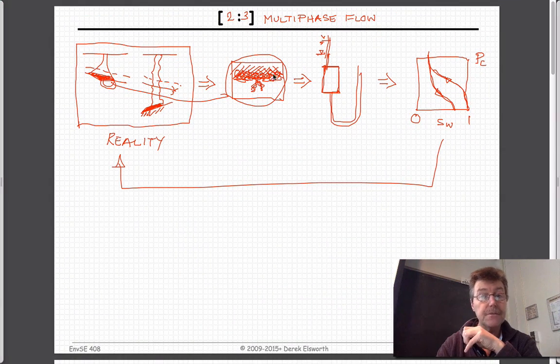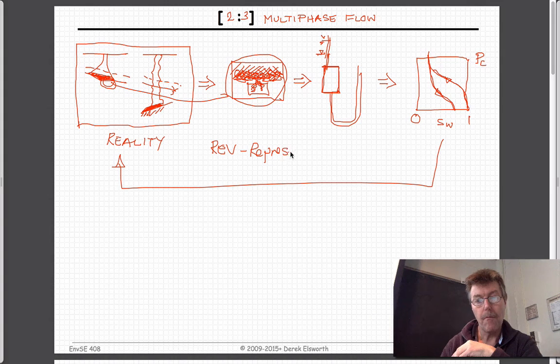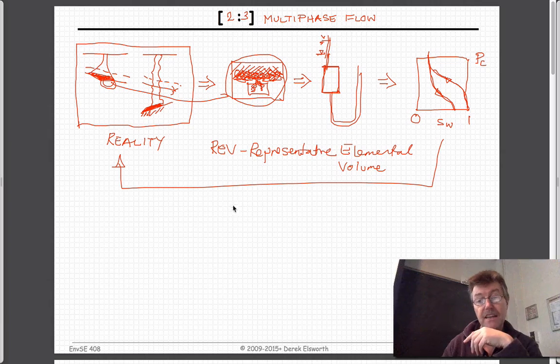We have an observation in the field. If you take an REV, it's a term that hydrologists love to use, representative elemental volume. In other words, one that represents kind of the average state of the system.